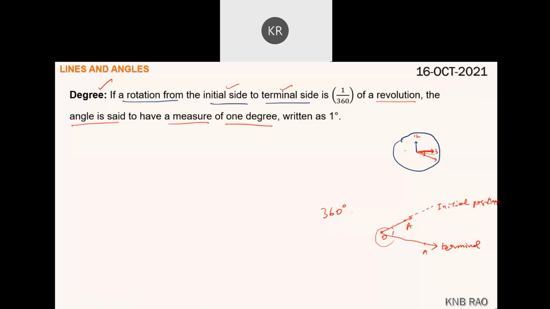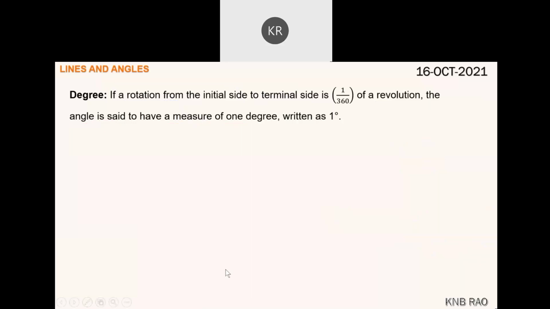Remember children, degrees are further divided. How are they divided? 1 degree is equal to 60 minutes. 1 degree is very small, and that 1 degree is further divided into minutes. Normally minutes are represented like this, where 1 minute is further divided into 60 seconds.